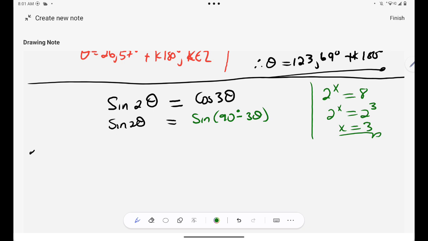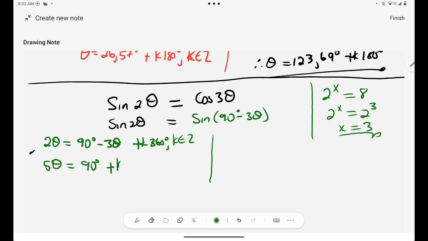So in the first quadrant, we'll simply write the solution for this thing as 2 theta is equal to 90 degrees minus 3 theta plus k 360, where k is an integer. Are you together? And therefore you just solve for theta. If you take the 3 theta to the other side, you'll have 3 theta plus 2 theta, which will give us 5 theta is equal to 90 degrees plus k 360.